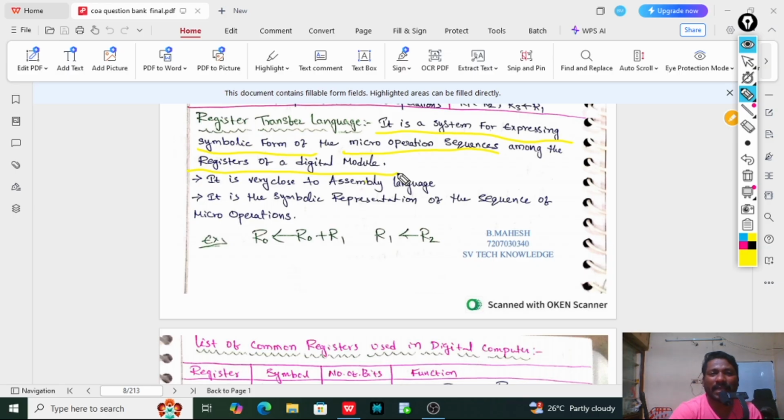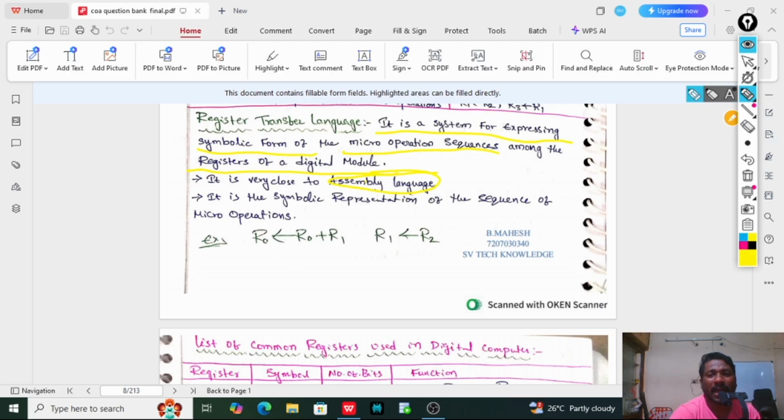So it is basically an assembly level language. Simply, a register transfer language shows a sequence of micro operations. What do I mean by micro operation? Whatever operations we are going to perform on a register are called micro operations, right?